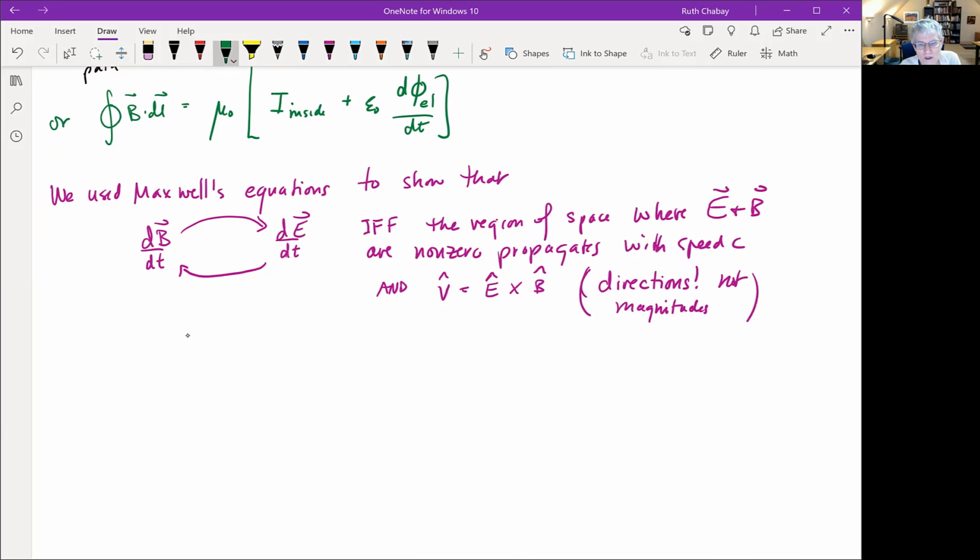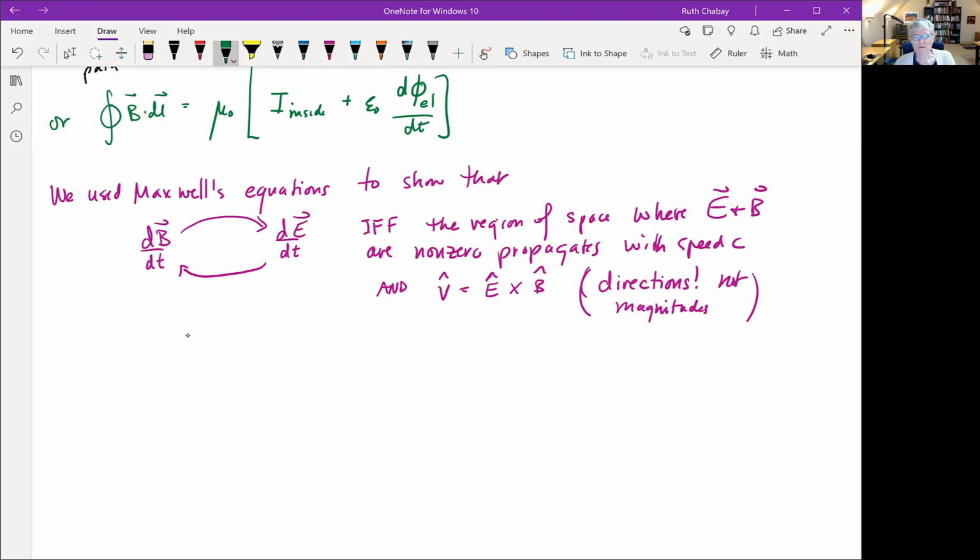And for this to work out, the direction of propagation, so we have here v hat, was the direction of E cross B. Note that these are just unit vectors, so these are just directions. That relationship is not true for V, E, and B, the full vectors.